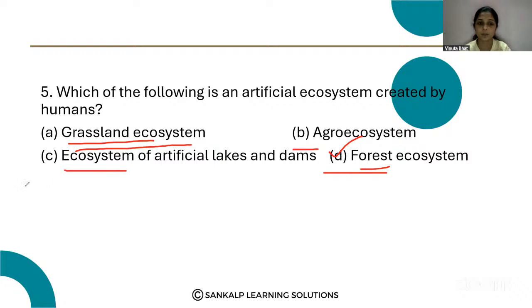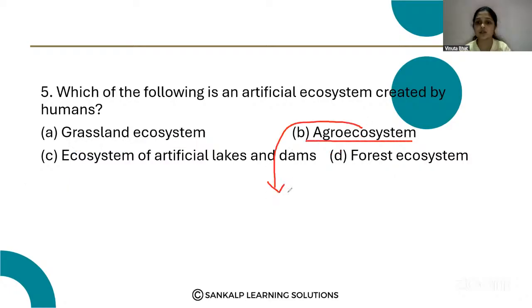So if you compare, agro ecosystem means that is related to agriculture fields growing some crops, the ecosystem like the agriculture field and all. So this is a man-made ecosystem.